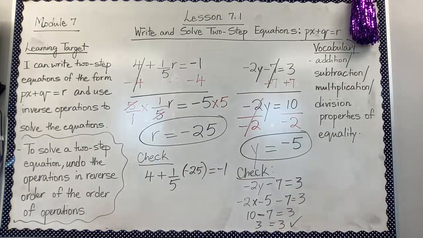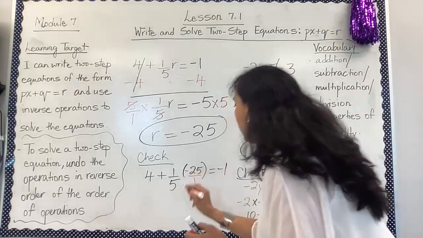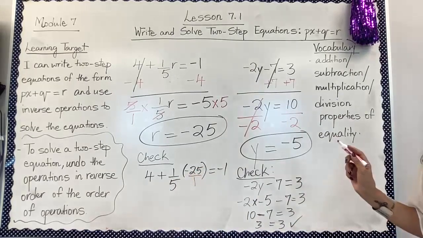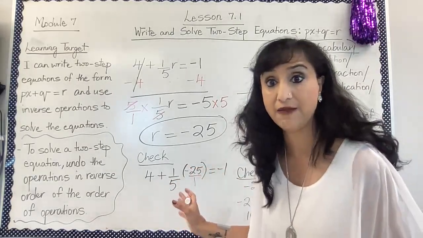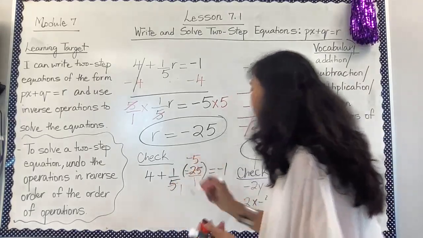And if this is multiplication, so over 1, and I know -25 divided by 5, I'm going to get negative divided by positive, so I'm going to get a negative answer. So this is 1 and this is -5.